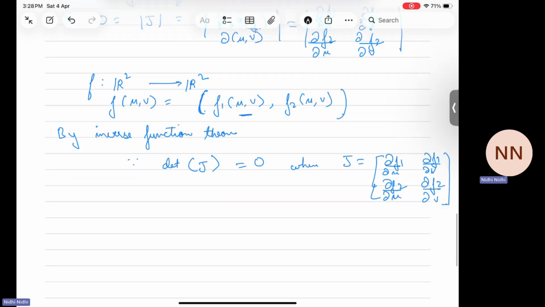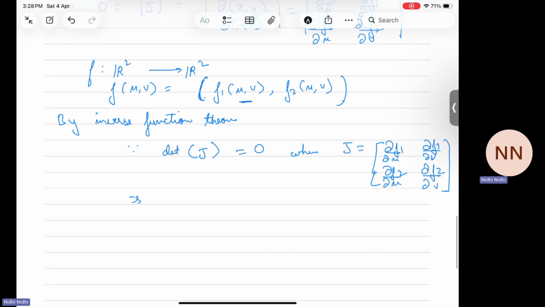Now if this determinant is 0, then the function is not locally invertible. In fact, when the determinant is non-zero, we can say that the function is locally invertible. That means we are able to find some inverse, at least in some neighborhood of that point wherever the Jacobian is non-zero.